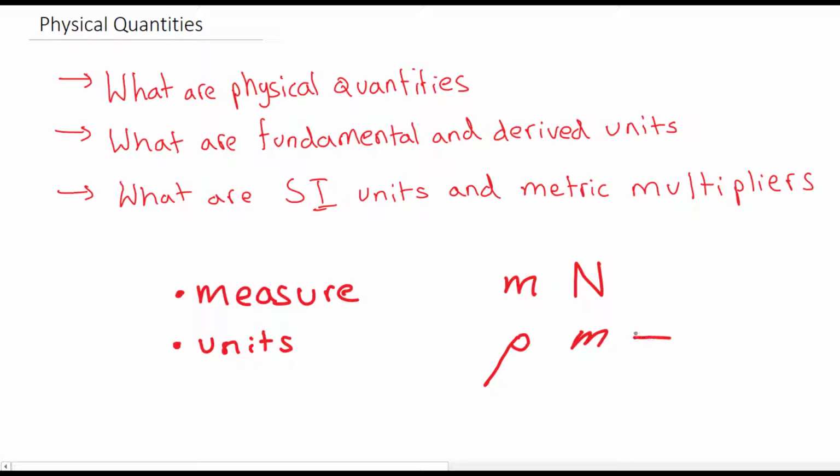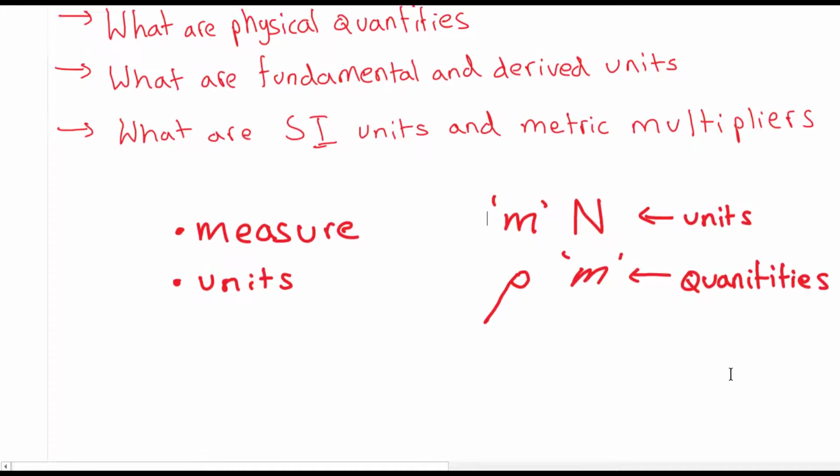Now, the thing is that the quantities are always italicized to separate them from the units. Else one might get confused between this m and this one. So, just one thing to note and remember in case you ever get confused.